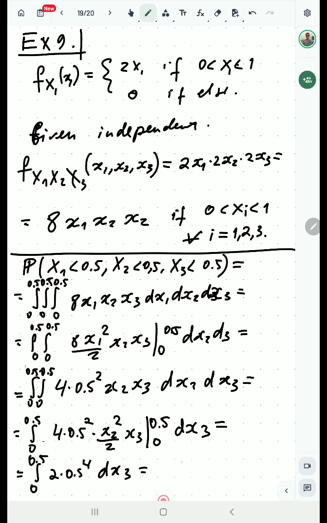And if I do that, I receive 2 times 0.5 to the power 4 times x3 evaluated between 0 and 0.5.